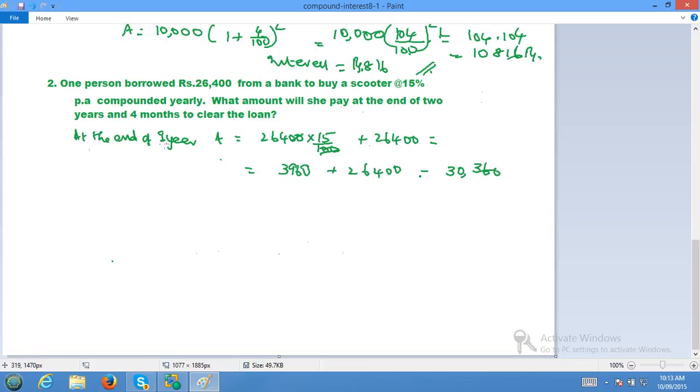Now at the end of the second year, what happened? First we'll work out interest. Interest is on 30,360 because it's compound, multiplied by 15%. The starting amount is 30,360, not 26,400. So it's compounded at the end of every year.